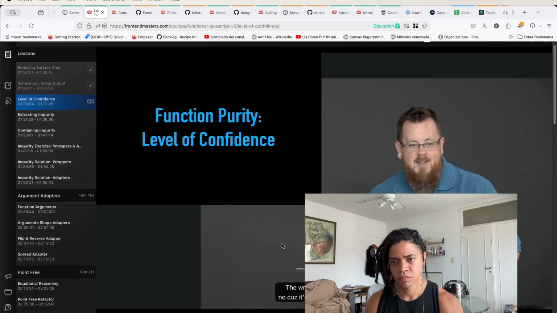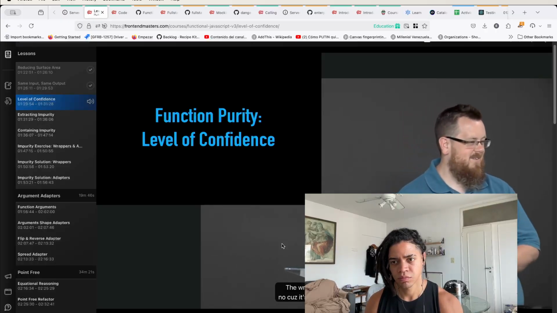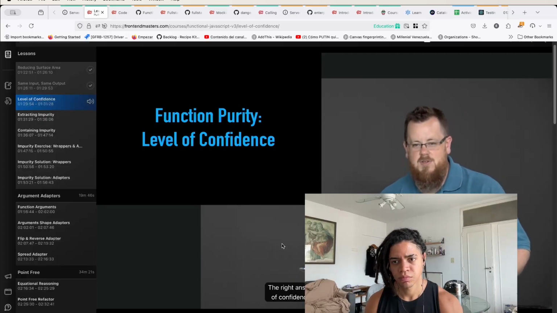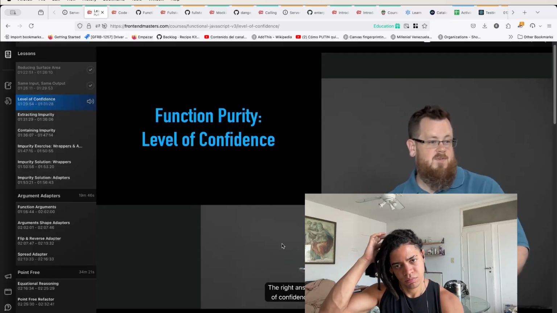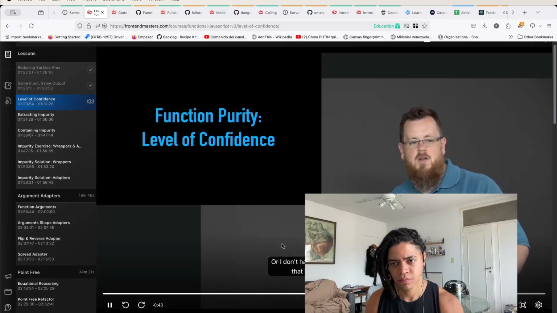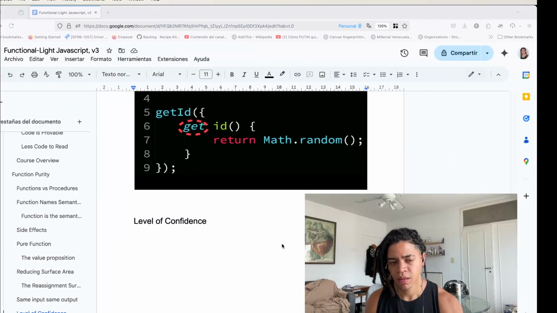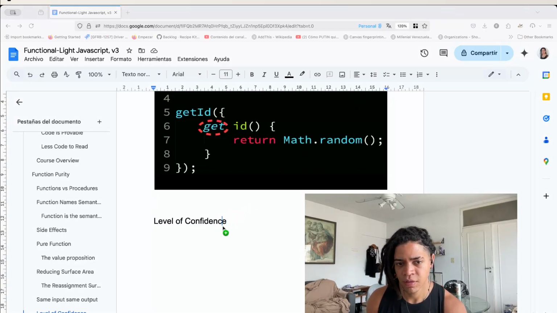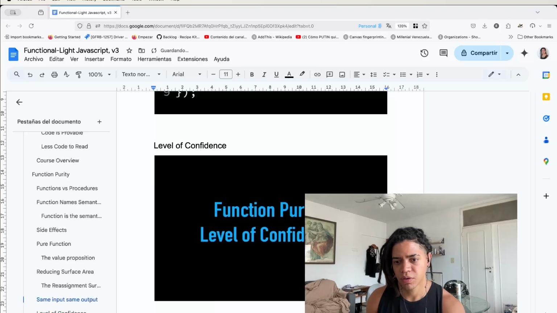The wrong answer is yes or no, because it's not a binary question. The right answer is, I have a high degree of confidence that it will be pure. Or I don't have very much confidence. Function purity is about level of confidence.